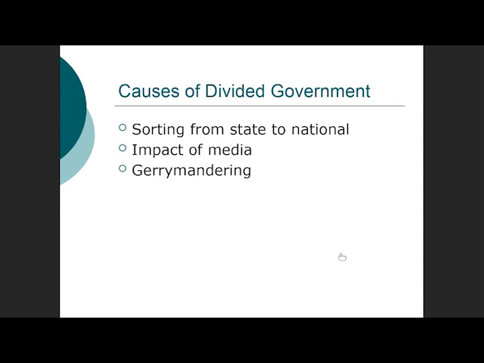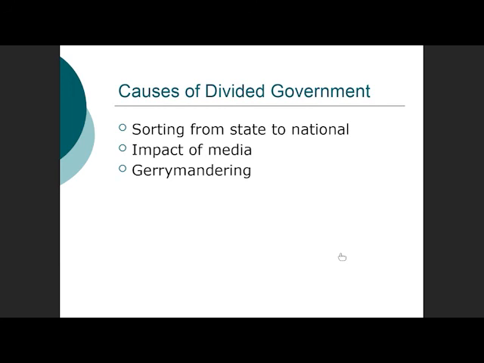And then the other thing that we have happening at the state level that's driving this is gerrymandering, right? The intentional redrawing of political boundaries to favor one political party over another. And when you draw political boundaries that emphasize and support one political party and ensure that party is going to be successful in elections within that political boundary and drive the other parties out, by the way you draw those boundaries, you're accentuating the differences between the parties.